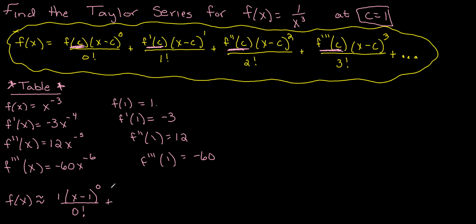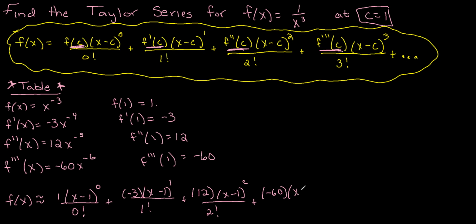plus f prime of c, so that was a negative 3, x minus 1 to the 1st all over 1 factorial. Let's keep going. I've got 12 x minus 1 squared over 2 factorial. And lastly, a negative 60 x minus 1 cubed over 3 factorial. Now let's clean this up a little bit.